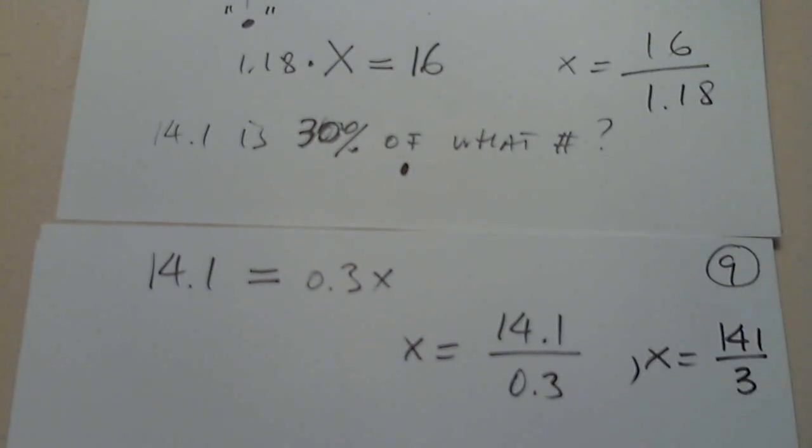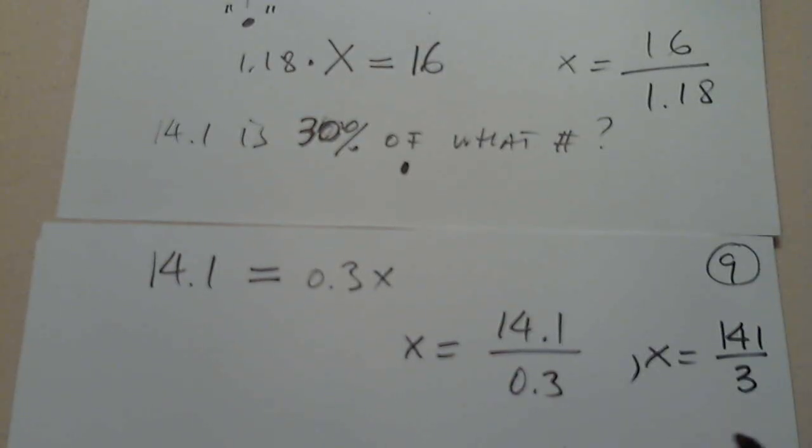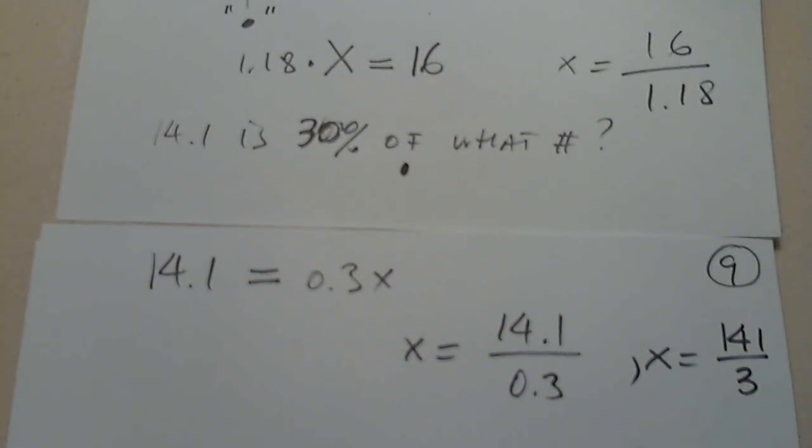By 10 and get 141 divided by 3. Good. And yes, we can simplify it because 6 is divisible by 3. So x equals 47. Good.